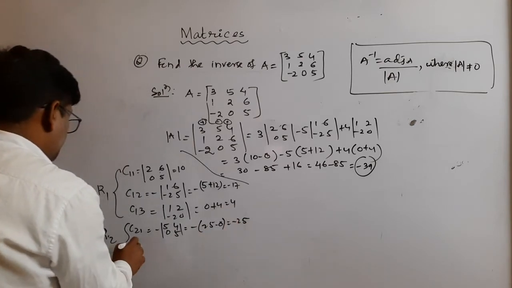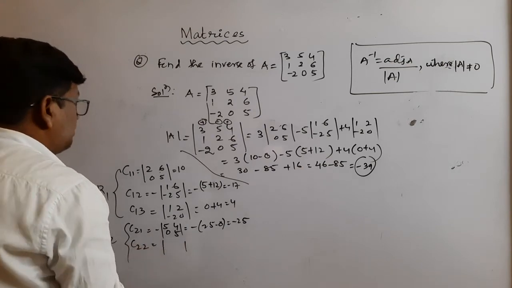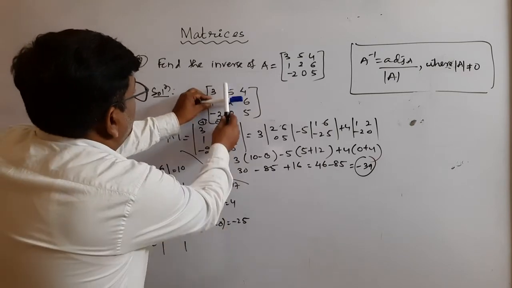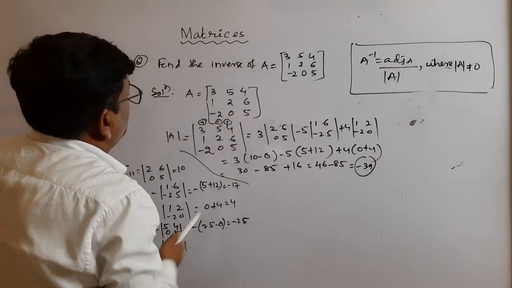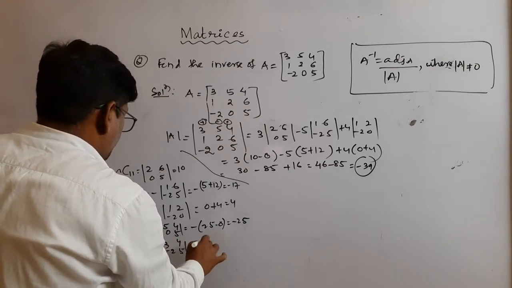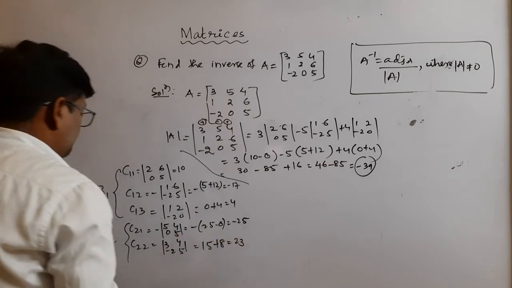Again C22 is even, so the sub-determinant is 3 4 minus 2 5, which is 15 plus 8, equal to 23.